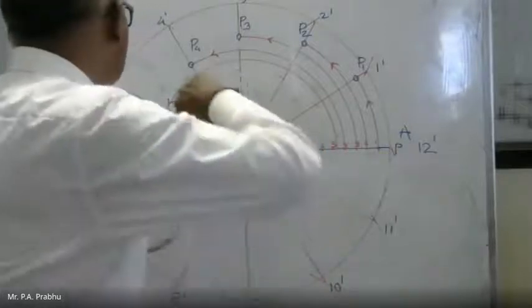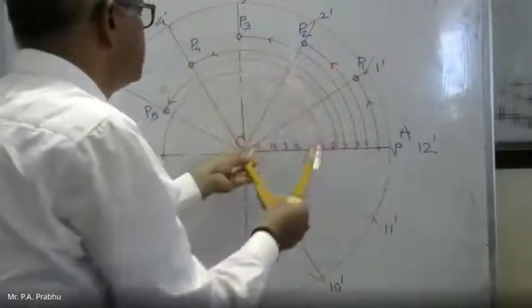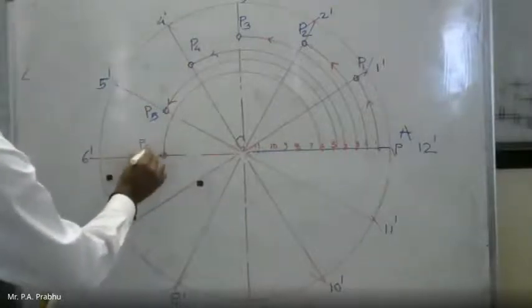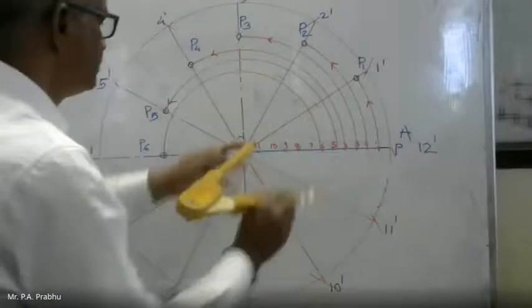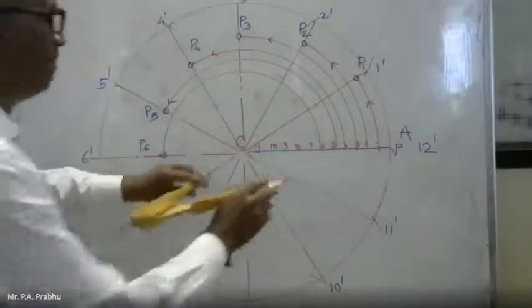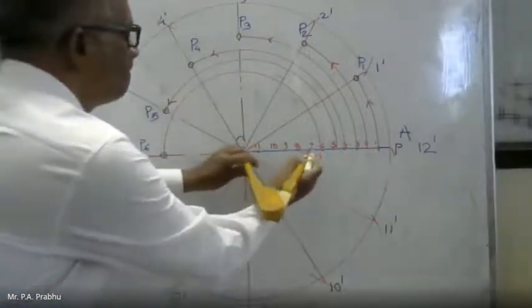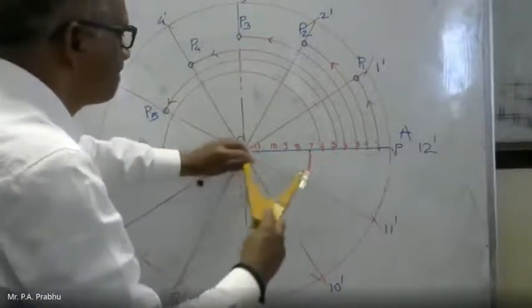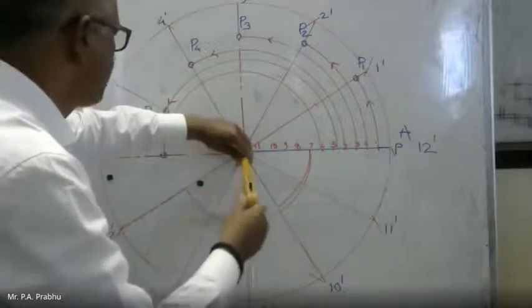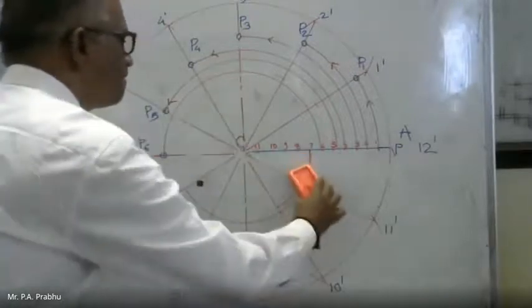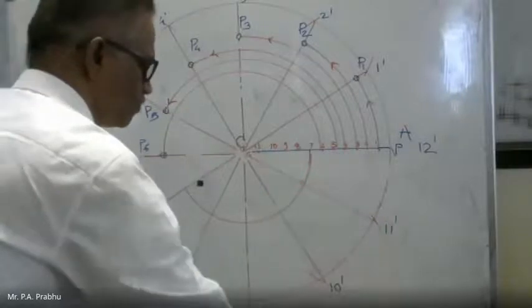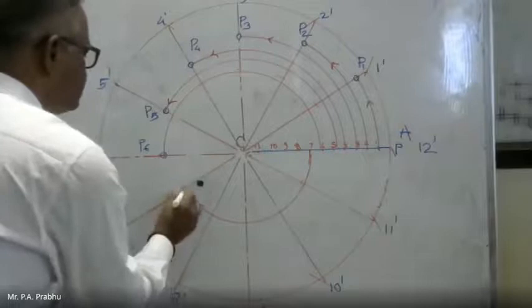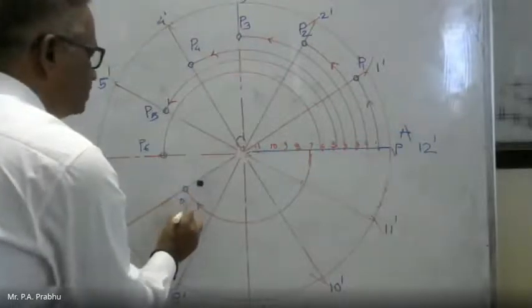Next is O6. Draw the curve. P6. Next one, O7. P7.